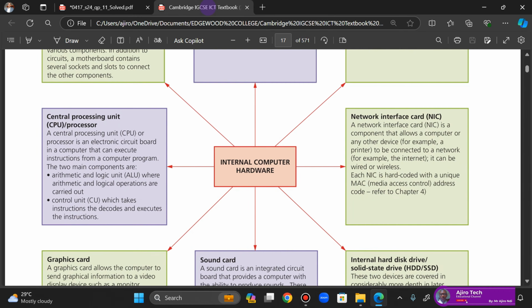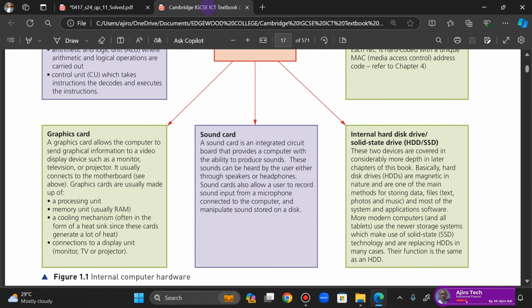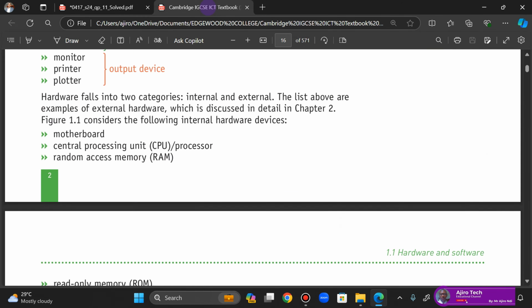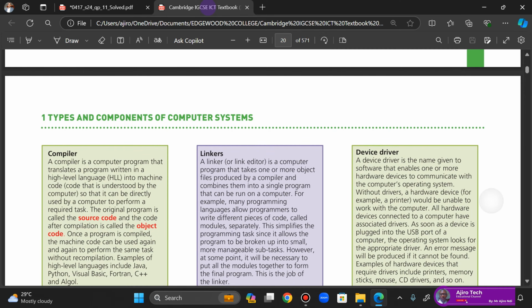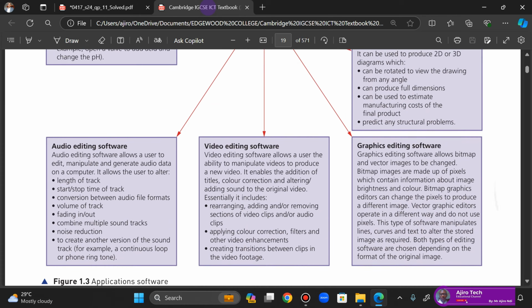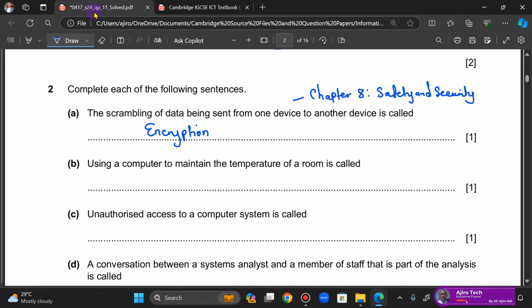Yes, you see it here, under application software, the control. So when we talk about using a computer to maintain the temperature of a room, we call it control software.